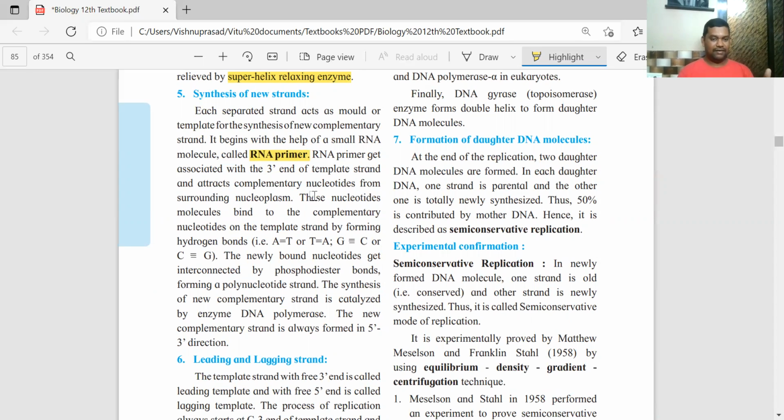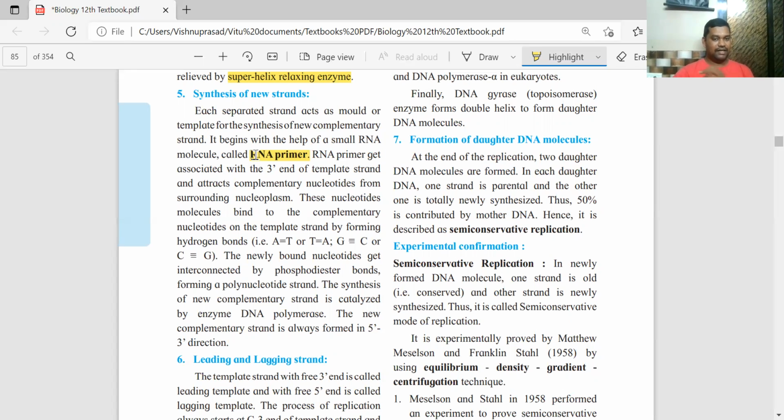If the parental template has C, cytosine, guanine will be picked up and attached, then it goes to the next nucleotide. If it is T, it brings A; if G, it brings C. Like that it will continue, but it will always begin with the RNA primer.